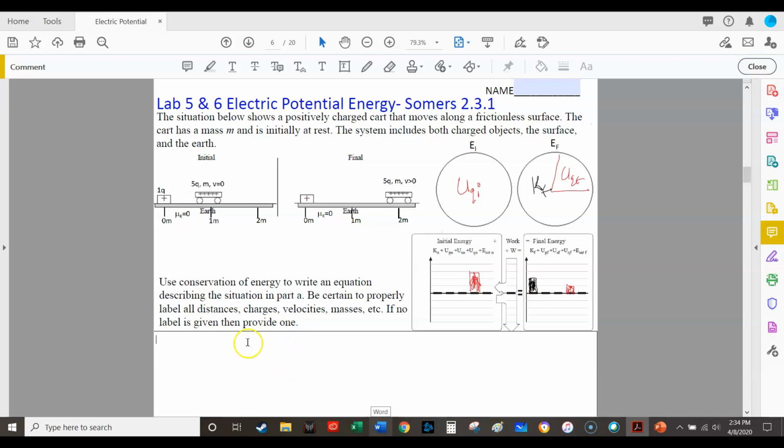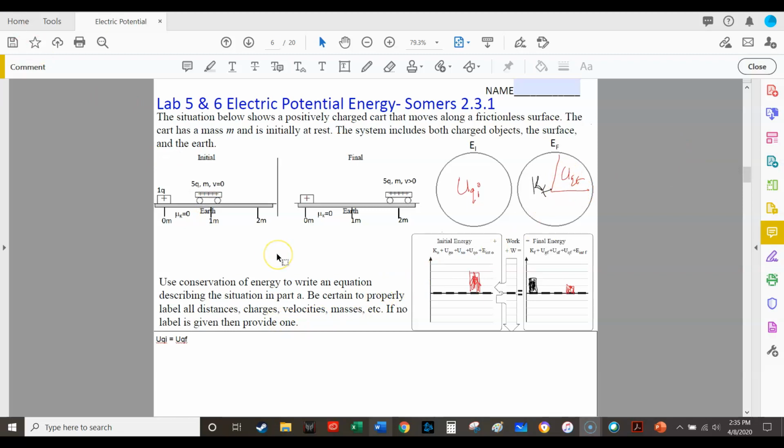So U sub Q i initially right here is equal to U sub Q f, right?